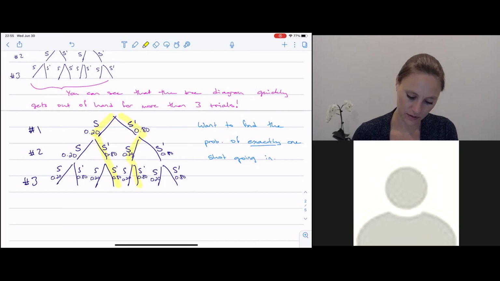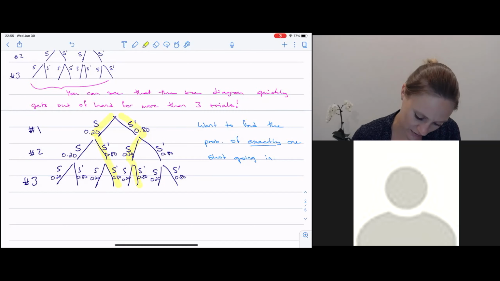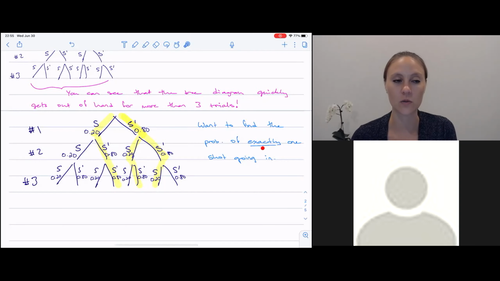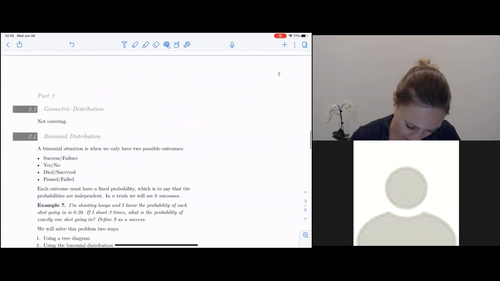Or if the first one doesn't go in and then the second one doesn't go in, then if the last one goes in, that satisfies the criteria. So what we can see is that we have 3 branches that satisfy the criteria of exactly one shot going in. And I think I actually have it typed up, so I'm not going to write it out.